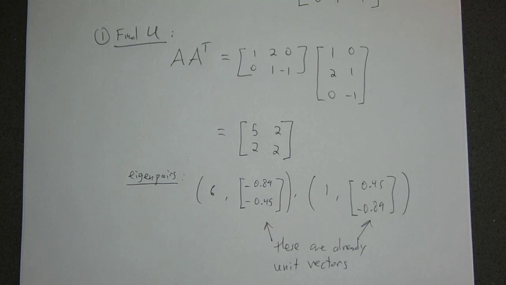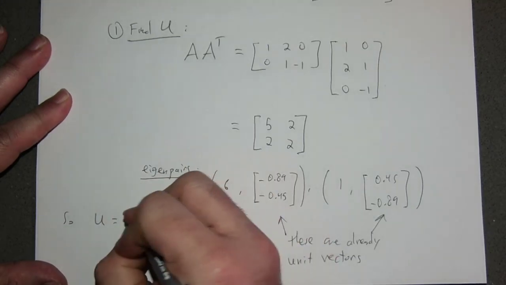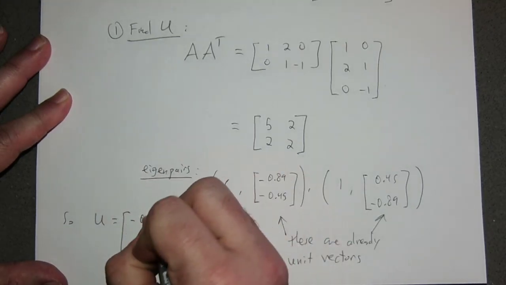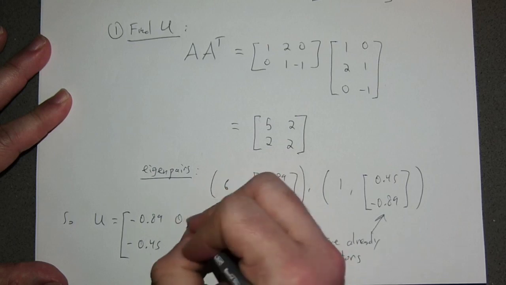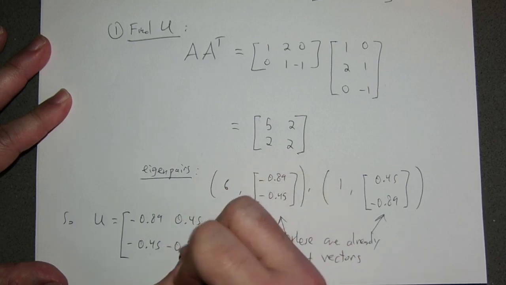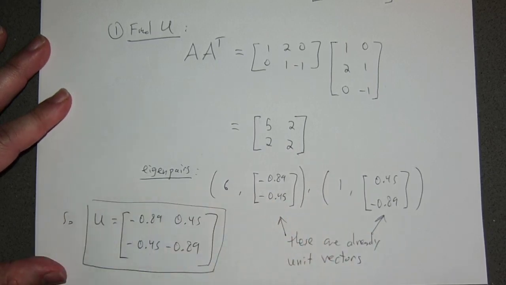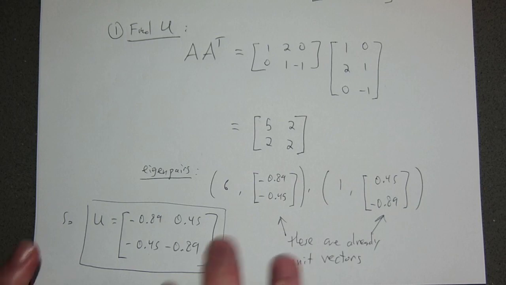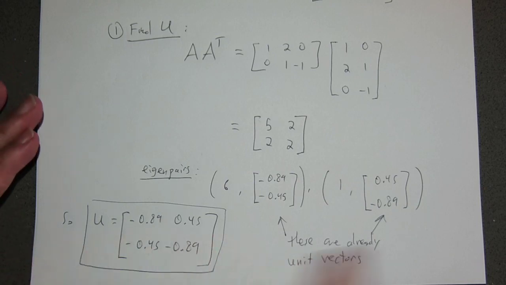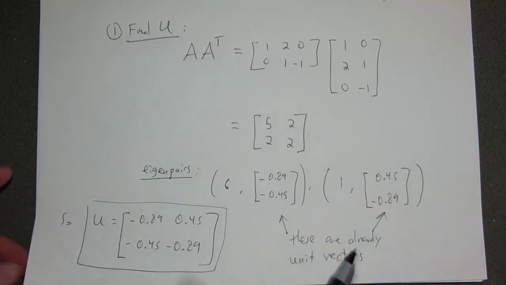So maybe I should write that out here. So U is minus 0.89, minus 0.45, 0.45, minus 0.89. If you're confused about why its columns are ordered this way, when I write this out at the end, I'll explain why. So here, saying that U is this at this step required me to think forward a little bit. You'll see what I mean in a second. All right, so that's U.